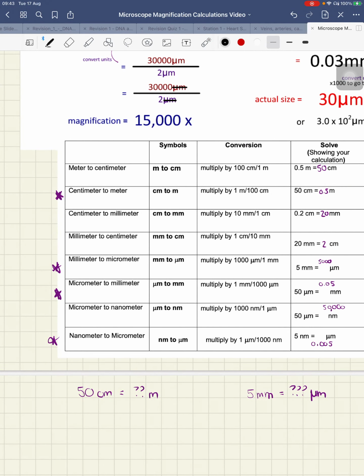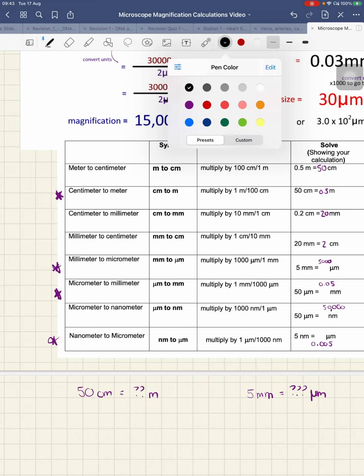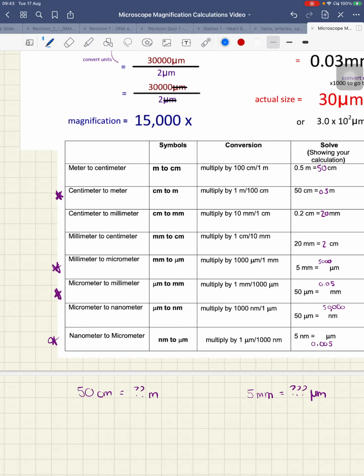You've probably done this in a previous biology class or maybe a chemistry class, but there are a couple of calculations and units you need to be familiar with in biology. Meter, centimeter, millimeter, those are pretty familiar. Micrometer, notice the unit symbol is this funny looking u, and then nanometers.